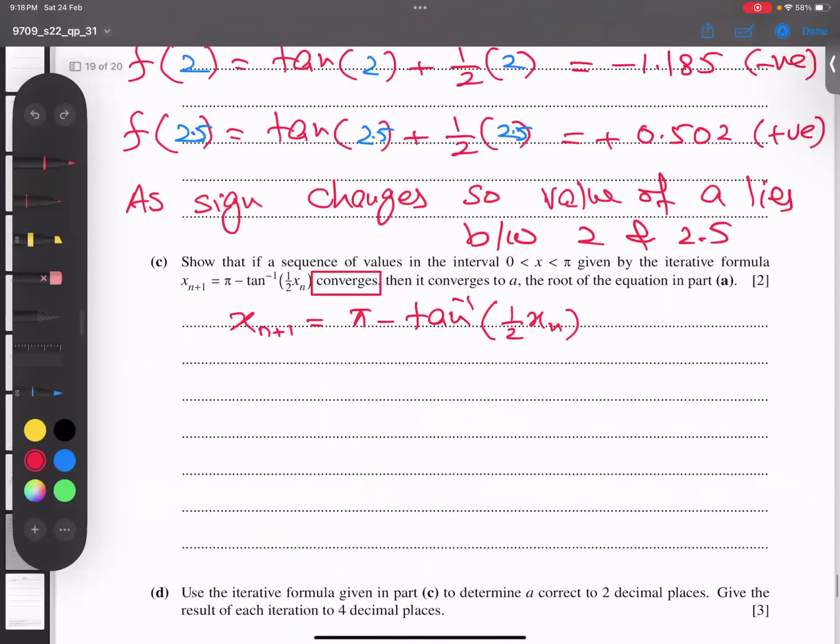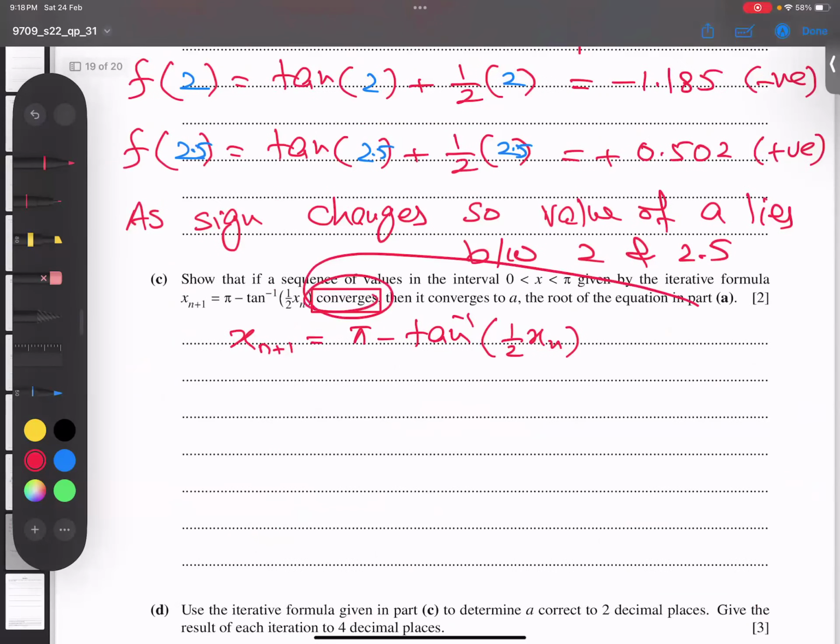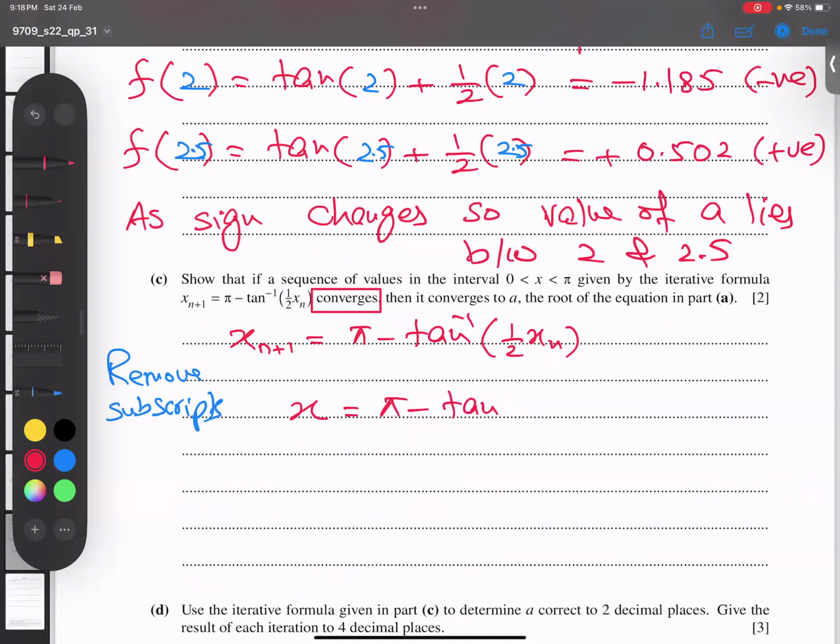So let's try to solve it. Job number 1: whenever convergence is there, I will remove the subscripts. It means n plus 1 and n are gone. It will turn to be this, pi minus tan inverse half x.